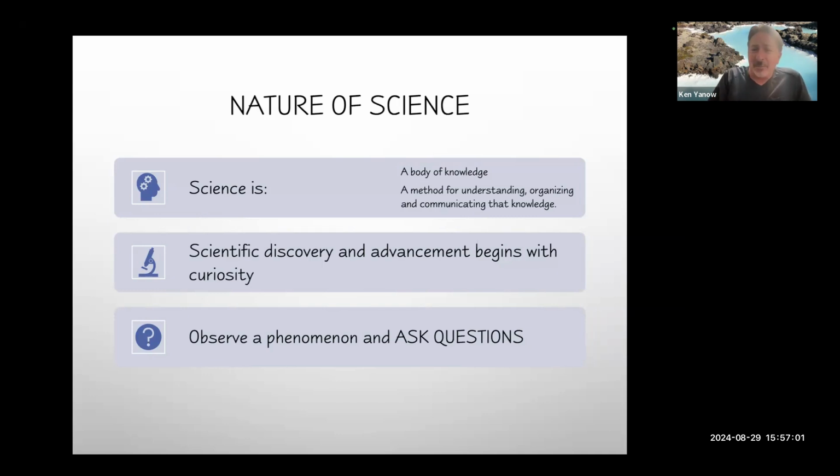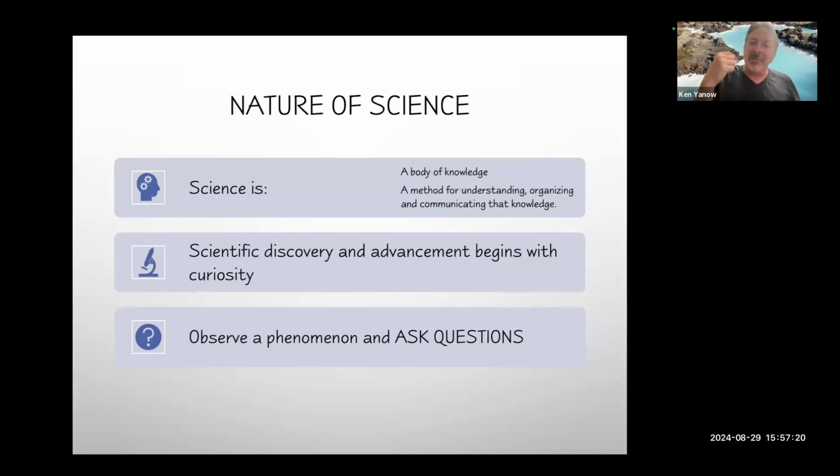Scientific discovery and advancement always begins with curiosity, and we essentially observe a phenomenon and ask questions. Observing a phenomenon and asking questions. It's not observing a phenomenon and making a statement and then that's it.